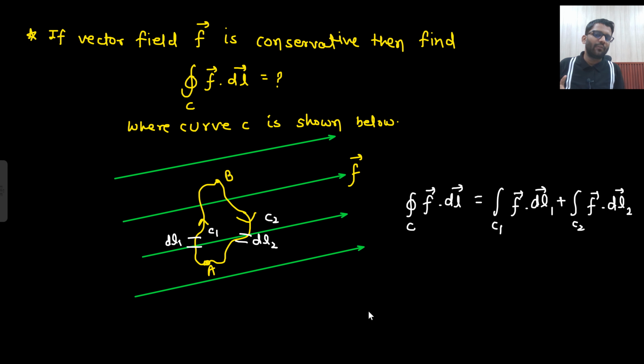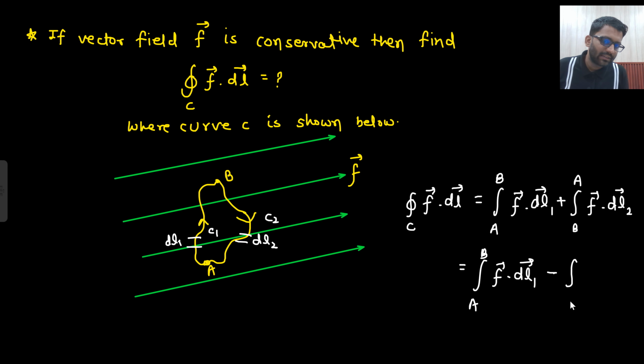In case of C1, from where to where are you going? From A to B. And in case of C2, you are going from B to A. So now I can write A to B F dot dl1 minus A to B F dot dl2, right?